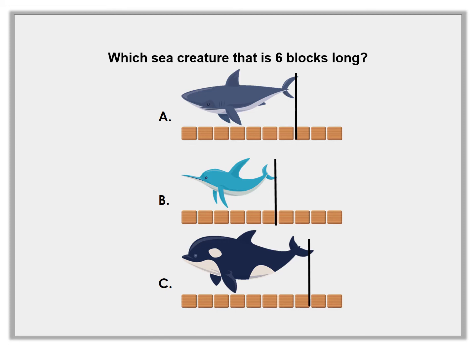Pause the video, and then when you press play again, I will go through the answer. Okay, B is the correct answer. That sea creature is the same length as 6 blocks.